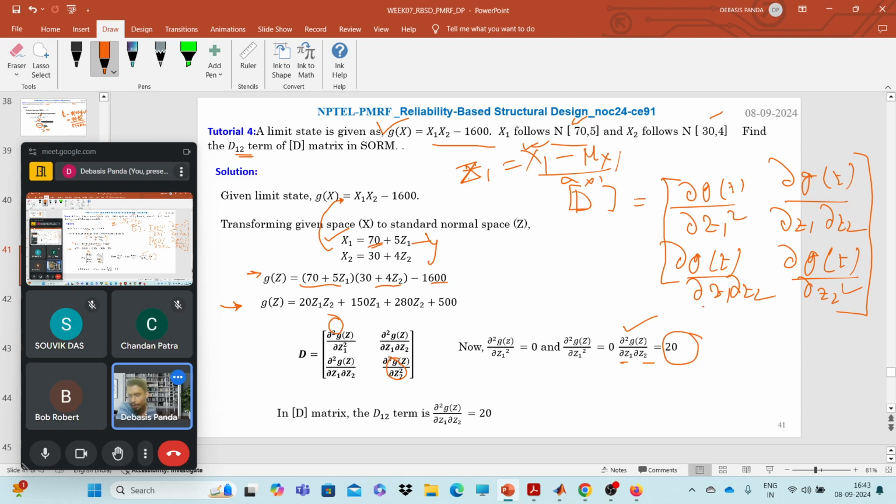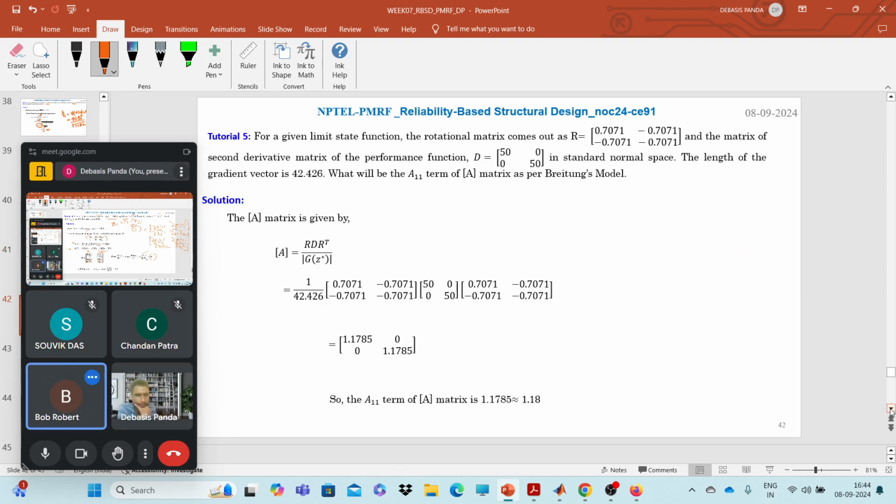You can check it also. So this is 20, this is 20, this is the whole D matrix. So the d12 term will be 20. What will be the d22 term? 0. Now let's move on; here we have another question. Let's solve it also.